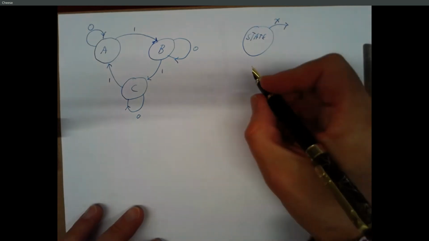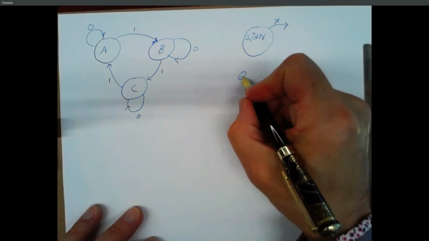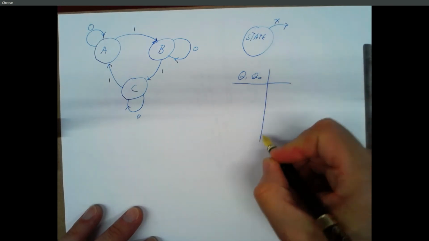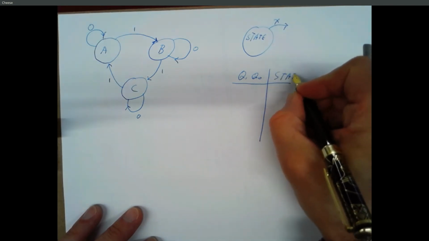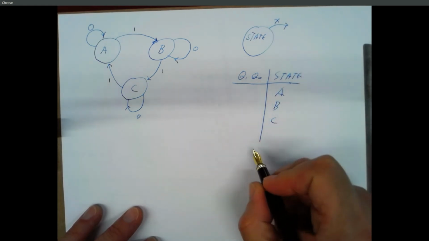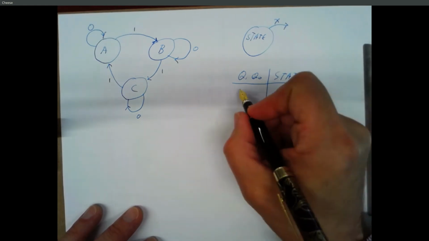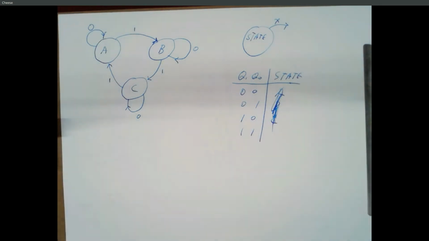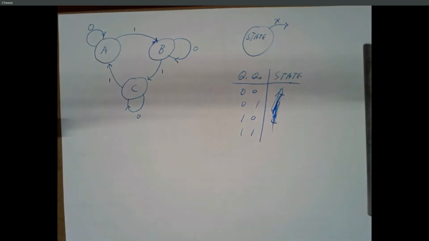So let's make a state table. And I'm going to call these Q1, Q0. Well, let me do it like this. Okay, so we got 4 possibilities. Which one of these do you want to call A? And we can pick any one we want and call it A. It makes no difference to whether we can do this or not.